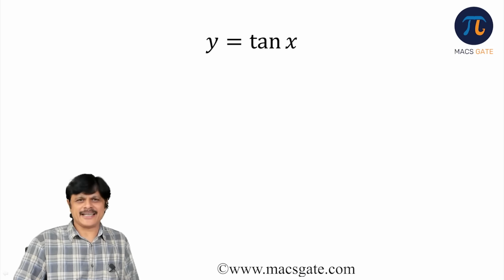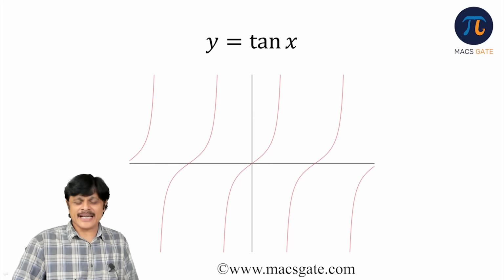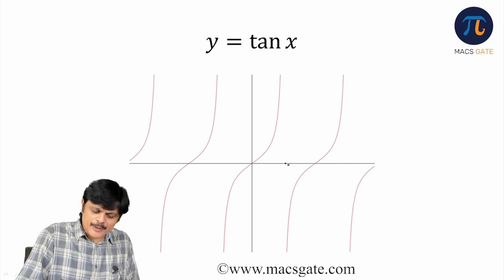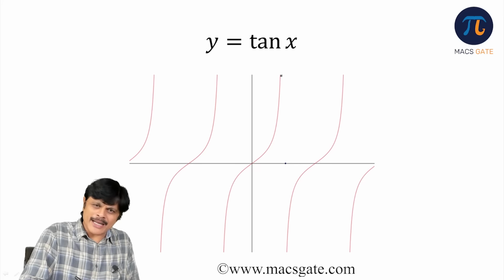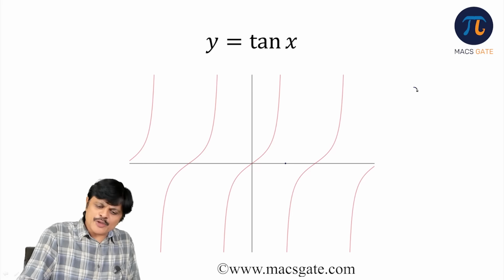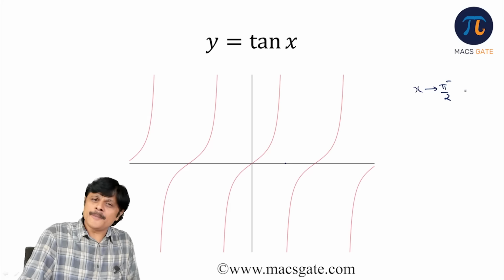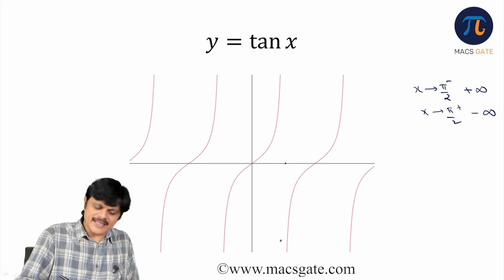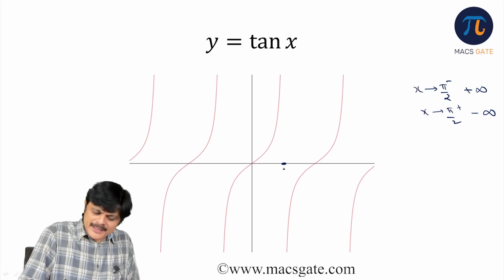Then comes tan x. See, tan x has discontinuities at x equal to pi by 2. At x equal to pi by 2, what happens on the left side? As x approaches pi by 2 from the left side it tends to plus infinity, and as x approaches pi by 2 from the right side, it tends to minus infinity. See the graph. This is pi by 2, sir.